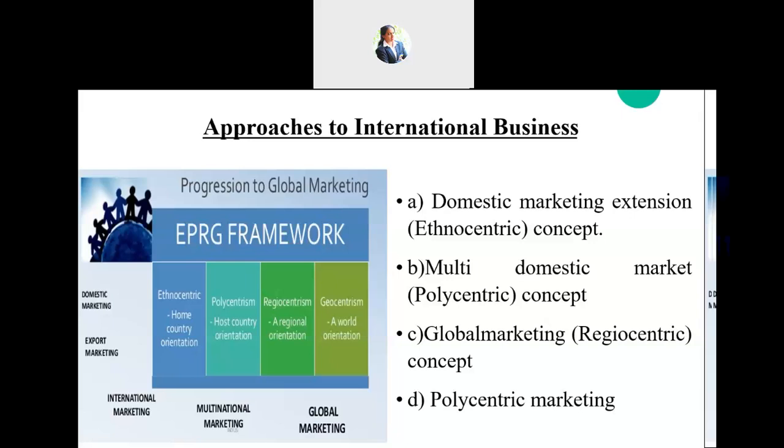Now, since we know how the companies are being divided under the EPRG framework, we can take some examples. For ethnocentric, we can take the example of Nissan. Nissan in the earlier days had something called an ethnocentric concept, which could be visible in their initial years when they started exporting cars to the USA.